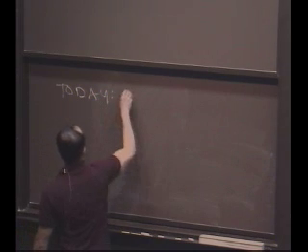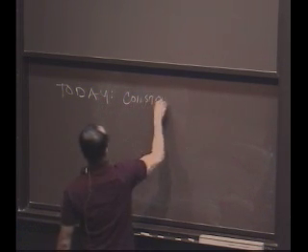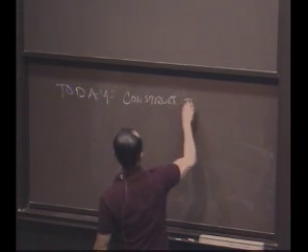Our plan is to begin to rectify that problem by looking for a construction that would allow us to solve equations like x squared equals 2. So here's the plan for today. I want to construct the real numbers.